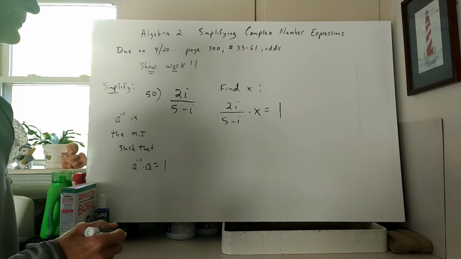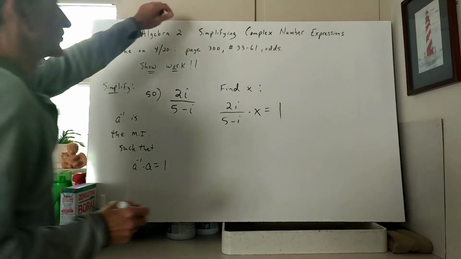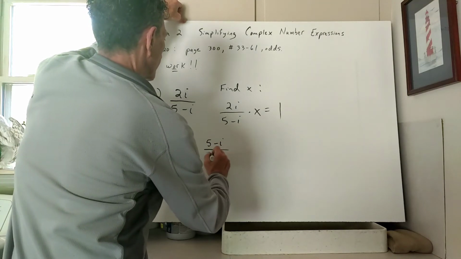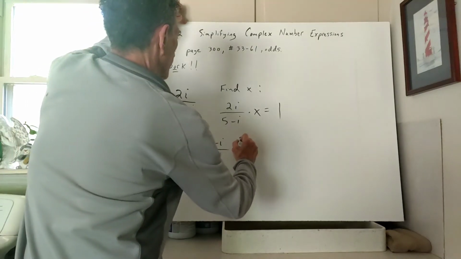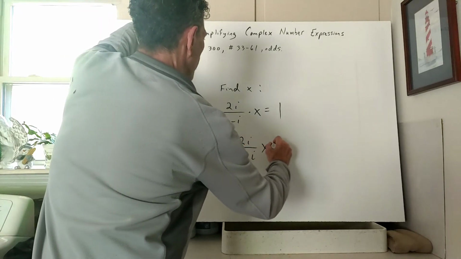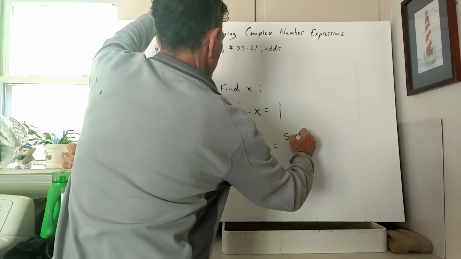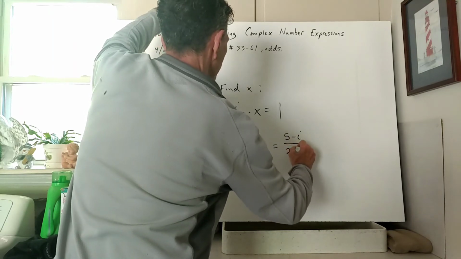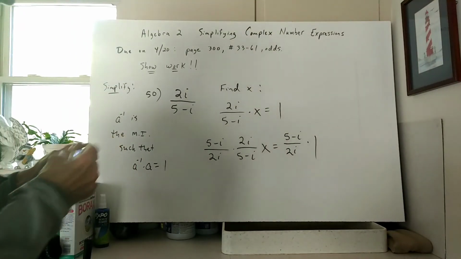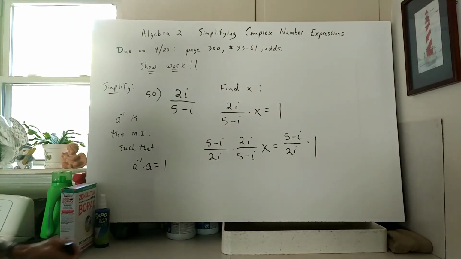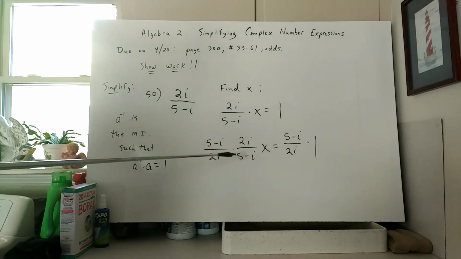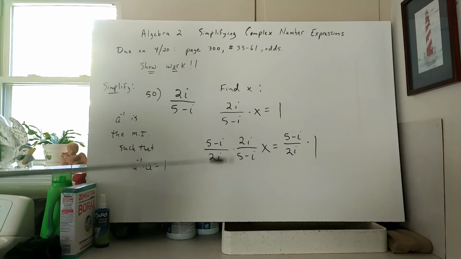Well, to do that, it seems like this would be true. So it looks like if we just form a reciprocal like we normally do for numbers, multiplying this number by its reciprocal should undo it.